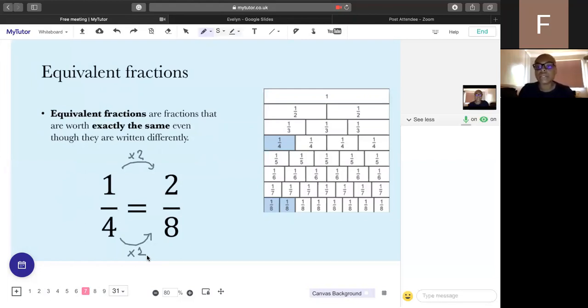Now, if we were to look at a half here, so if we shaded in this section, this area is exactly the same as 2 quarters. So a quarter plus a quarter would be 2 quarters. So we've got 2 quarters equals a half.